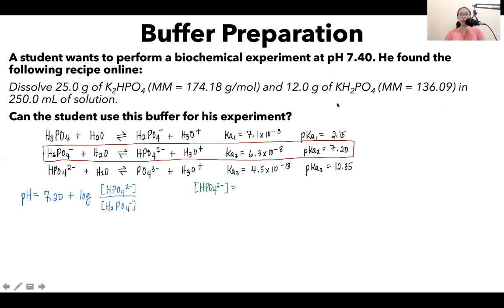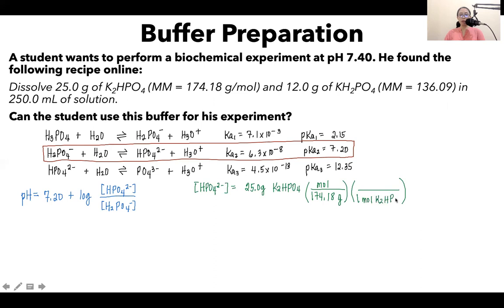Again, this one will come from K2HPO4. So we have 25 grams of K2HPO4 divided by the molar mass, 174.18 grams per mole. And then this gives the moles of K2HPO4.